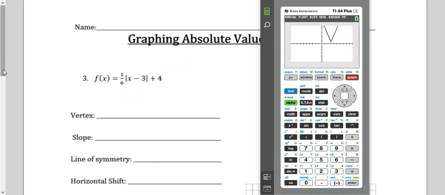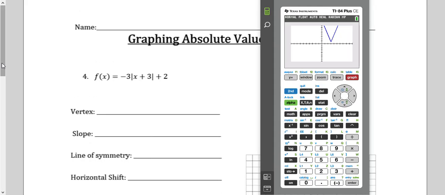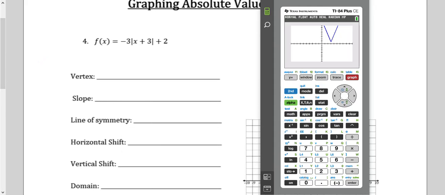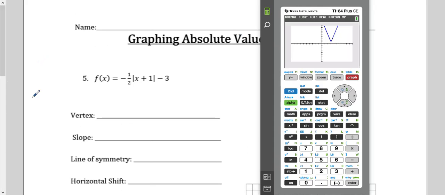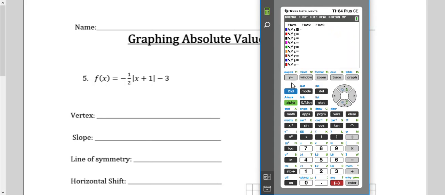Okay, so we have three other examples here, 3, 4, and 5. 4 and 5 are negatives. Let me look at number 5. So you have negative 1/2. To get the fraction symbol in your calculator, it's here in the math menu. You can go to the fraction, and it's that one right there, 1/2.